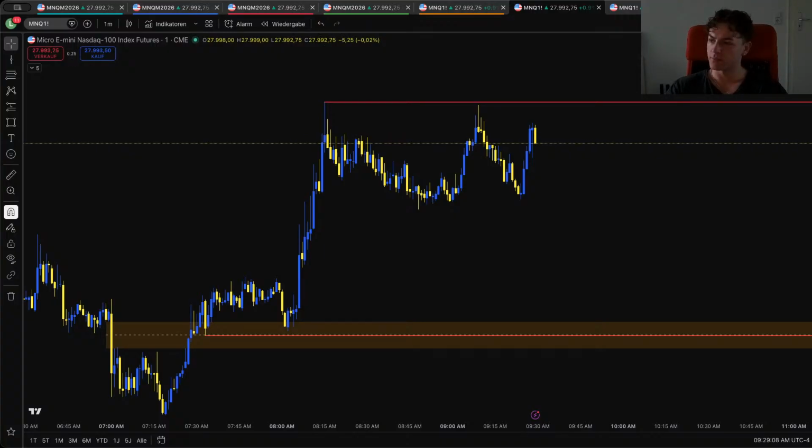Let's see. We have an even bigger potential opening range gap. We'll see in 30 seconds what the market is going to give us.